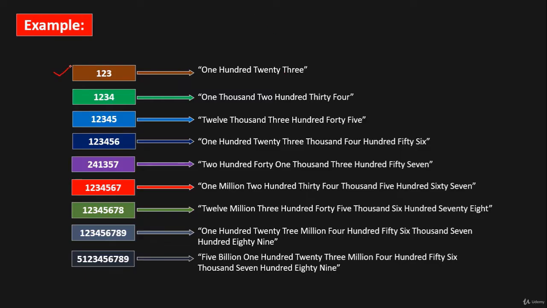We can say this is our base. When you have 1 digit, 2 digits, or 3 digits, that's our base. If we have 123, we have to find out one hundred twenty-three. We'll see how you can solve this for 3 digits.